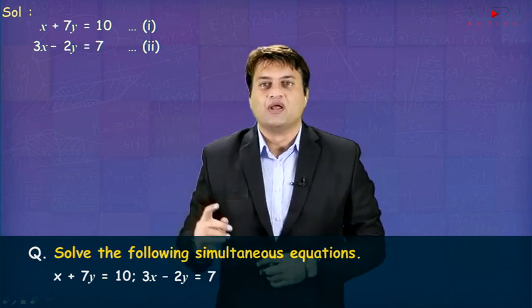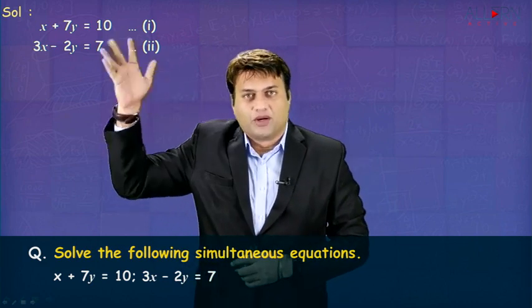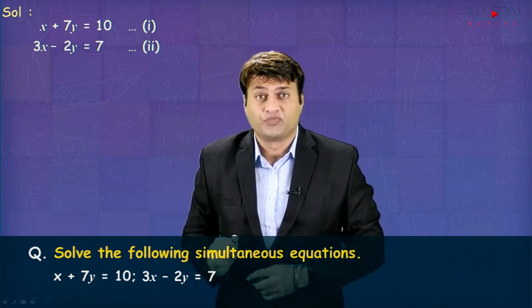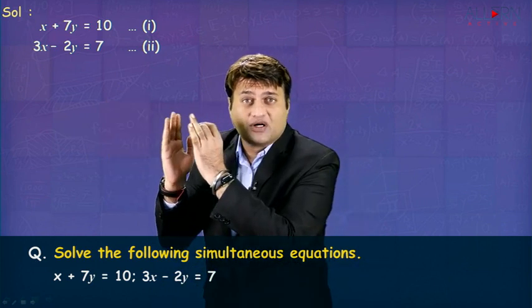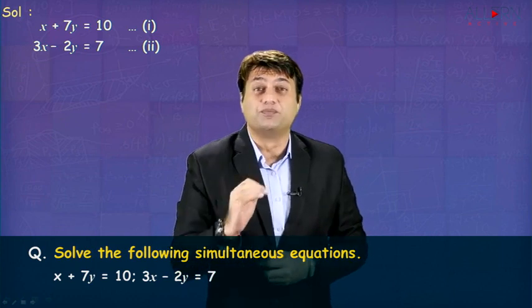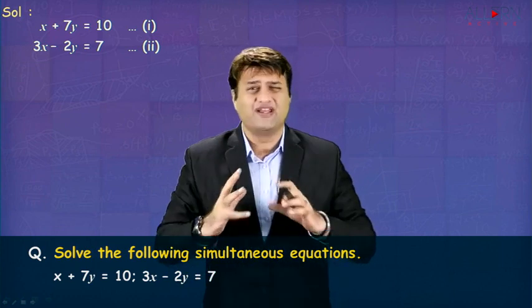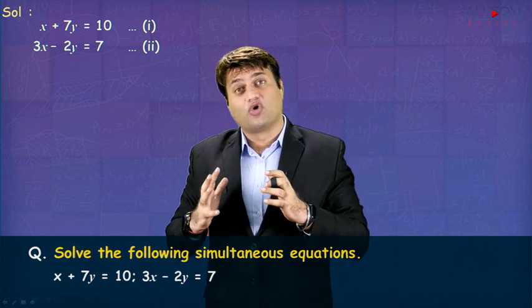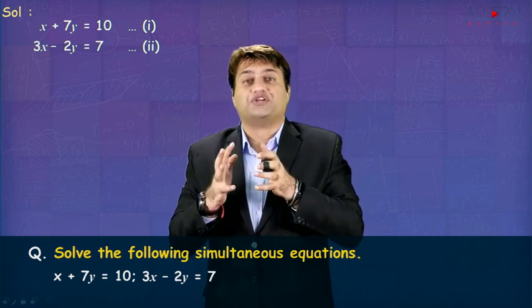After you number the two equations as equation number 1 and equation number 2, you need to carefully observe both these equations and check which is a simpler equation. Now, what do we exactly mean by a simpler equation? The equation which has got the smallest coefficient.